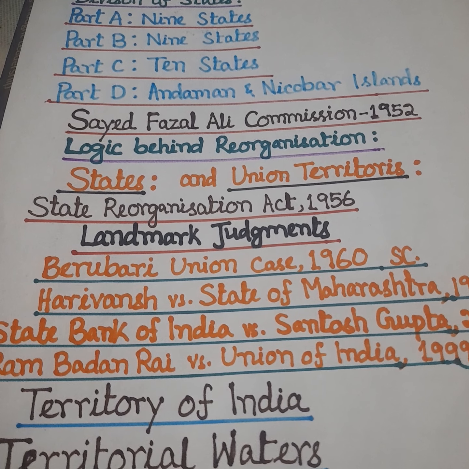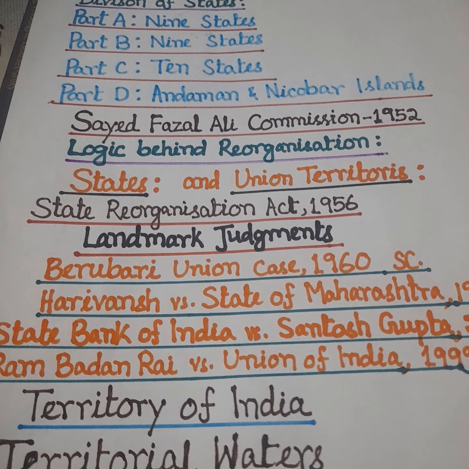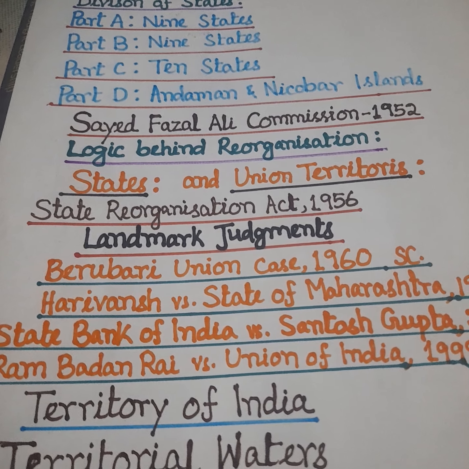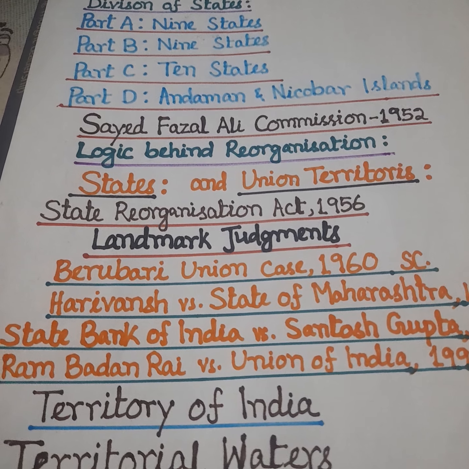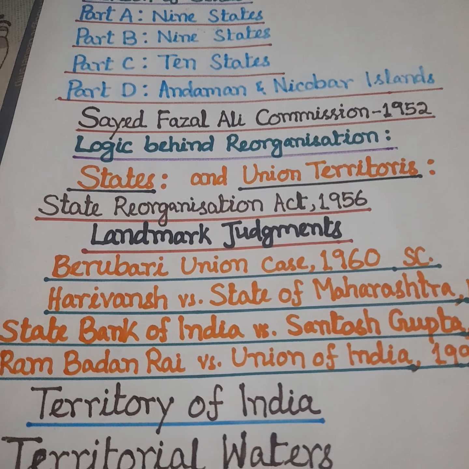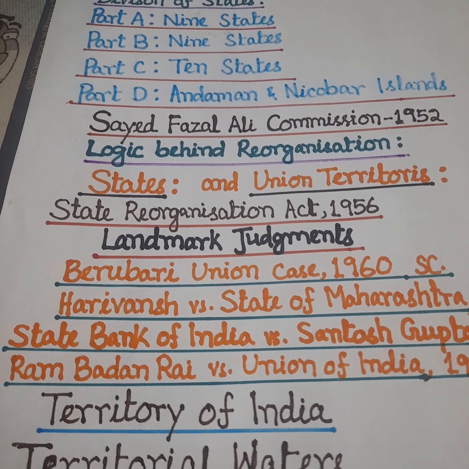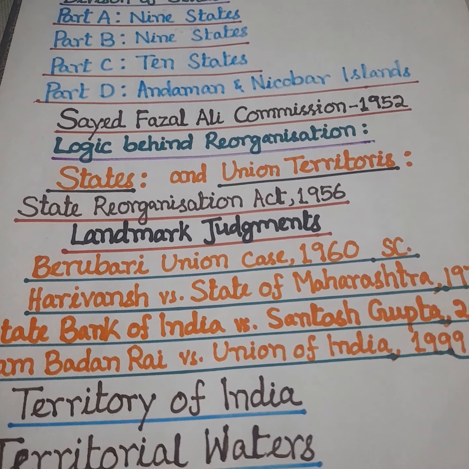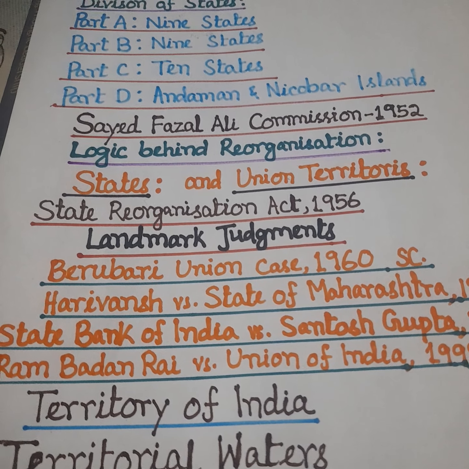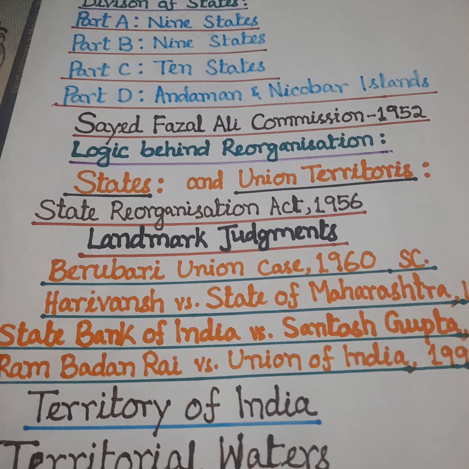So, one of the logics before the commission was the basis of linguistic and cultural affiliations. The reorganization often took into account the linguistic and cultural similarities among people in a particular region.